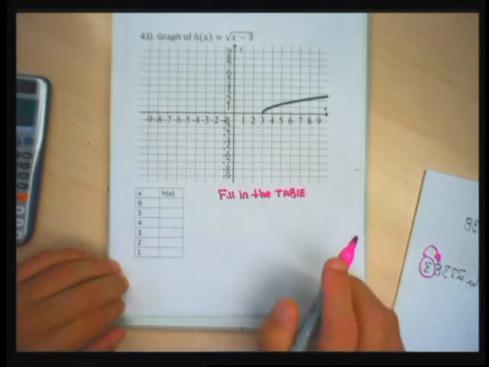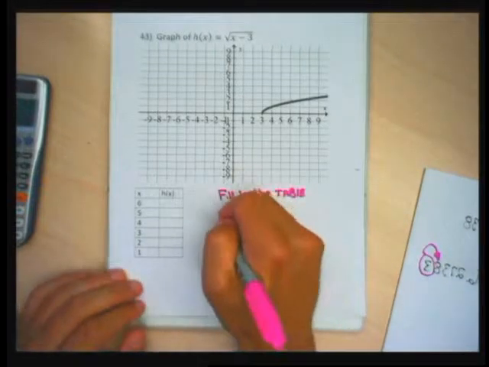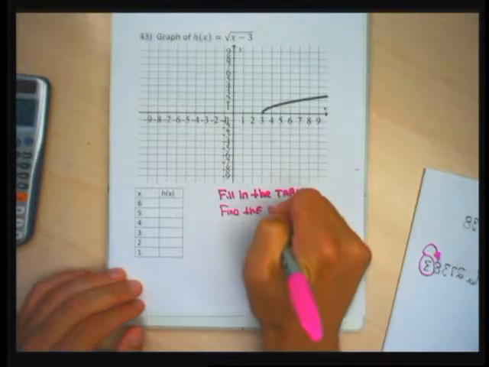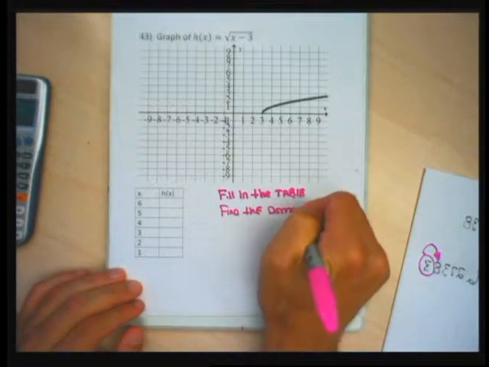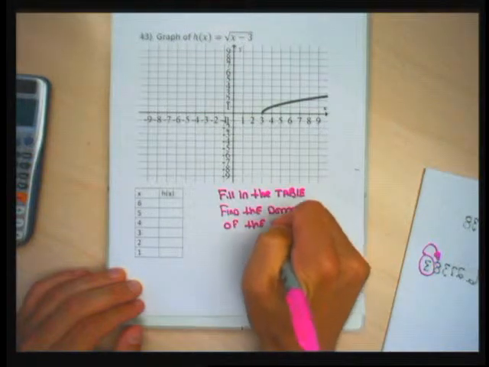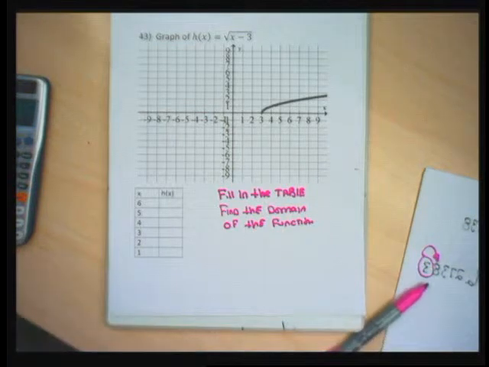I don't know if it asked me to sketch a graph or not. Let me check here. I know it asked me to fill in the table and find the domain of the function. Finding the domain is the important thing.